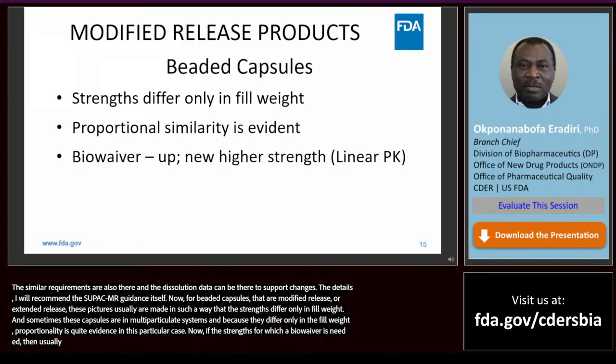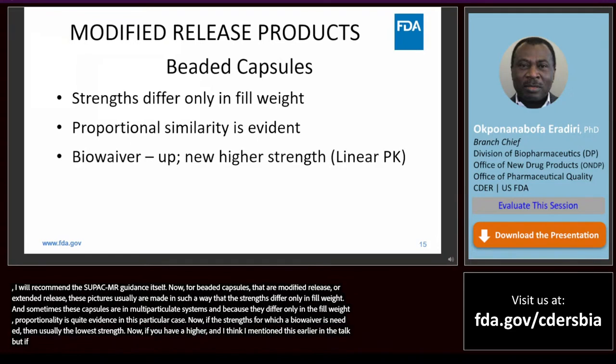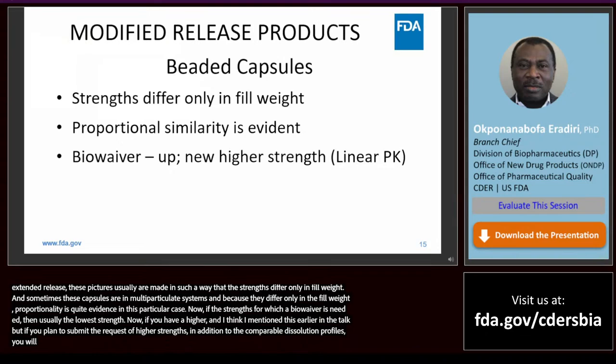Now, I think I mentioned this earlier in the talk, that if you are planning to submit a biowaiver request for a higher strength or strengths, then in addition to the comparable dissolution profiles, you will need to ensure that the pharmacokinetics of the drug are linear.